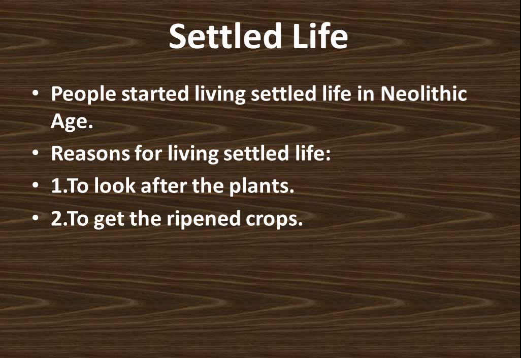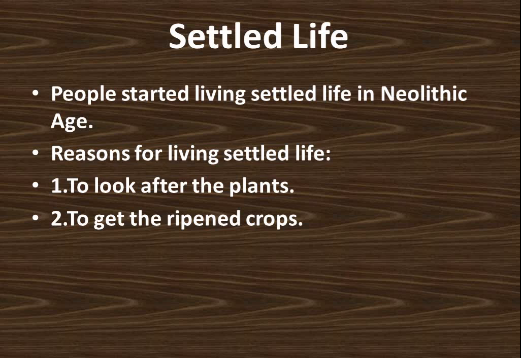The reasons for living a settled life in a particular place instead of moving from one place to another were, first, to look after the plants. Obviously, even now, if we grow any plant, that plant needs care from the farmer or person. Suppose a farmer is growing a wheat crop, for that whole time period the farmer gives a lot of care to that plant, isn't it?